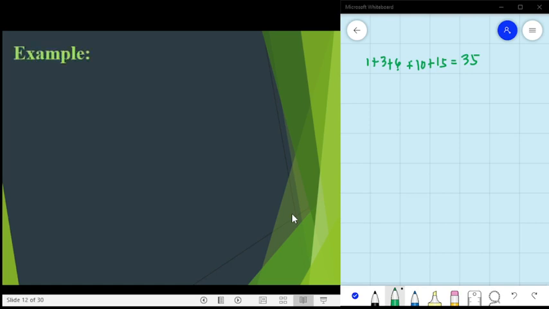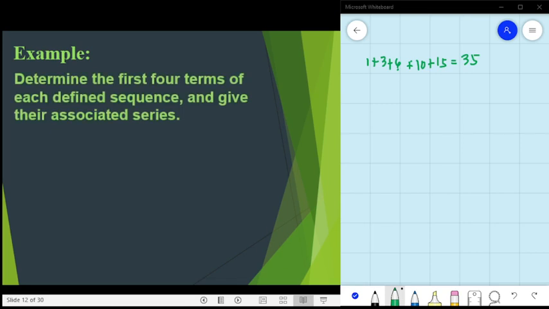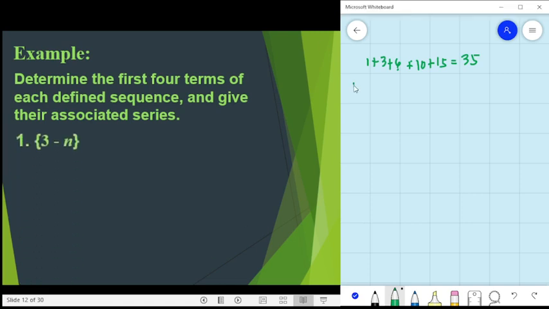Okay. Another example is we are going to determine the first 4 terms of each defined sequence and give their associated series. For number 1, first we have 3 minus n.